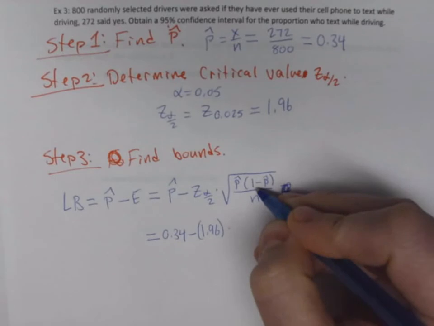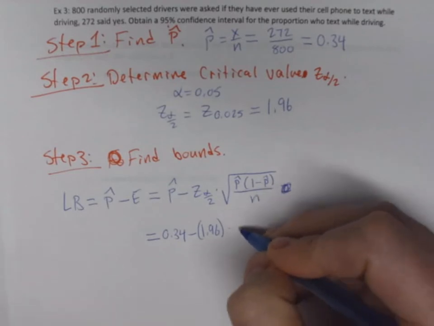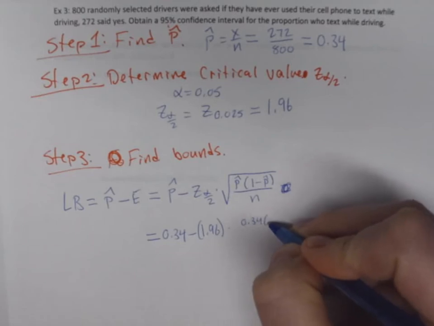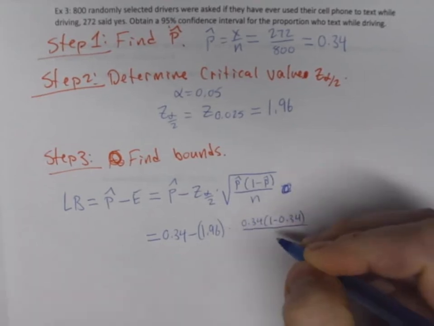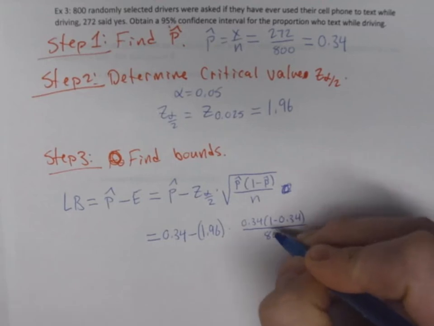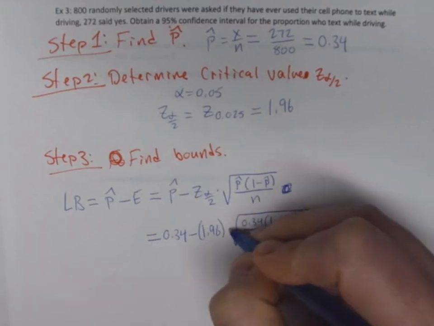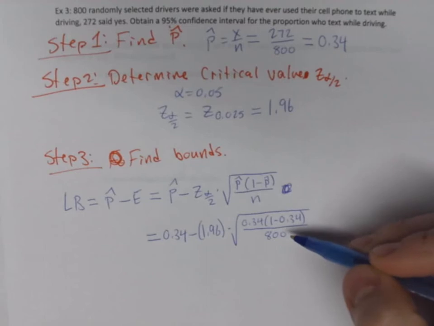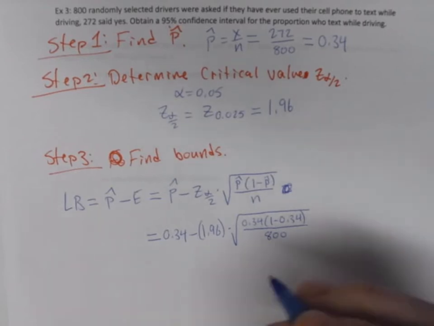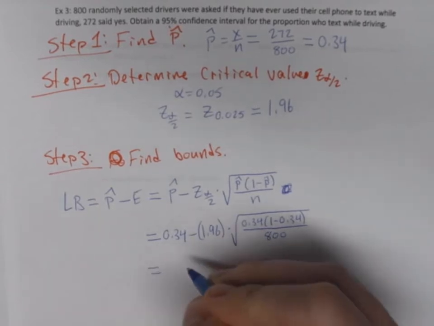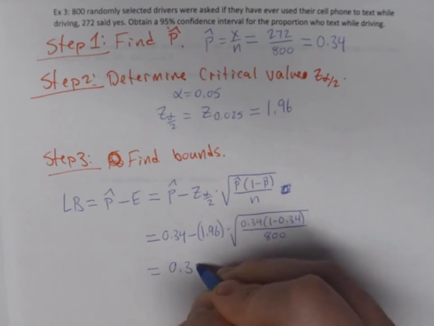And then that's multiplied by the square root of 0.34 times 1 minus 0.34, all over n, which is 800. I find it easier to write the inside first and then the square root, since things usually line up better. Do this calculation and you get 0.307.